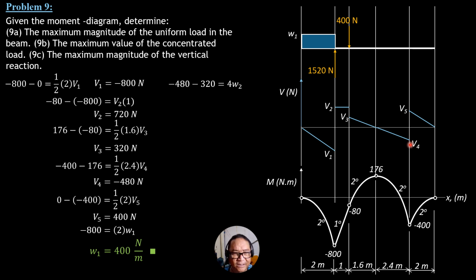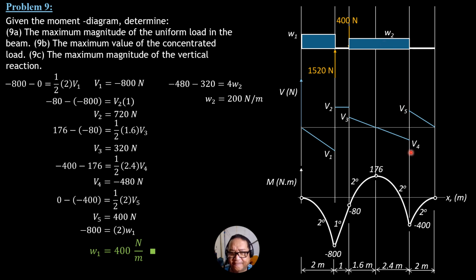Then V4, negative 480 divided by 2.4, that's also negative 200. So that means this is just a straight line. Therefore, change in ordinates, which is V4, negative 480, minus V3, negative 320, equals the area of the rectangular loading there, which is 4 times W2. So W2 is negative 200 newtons per meter. Because that's downward, we just put it there, W2 downward. So that's why W1 is greater than W2.